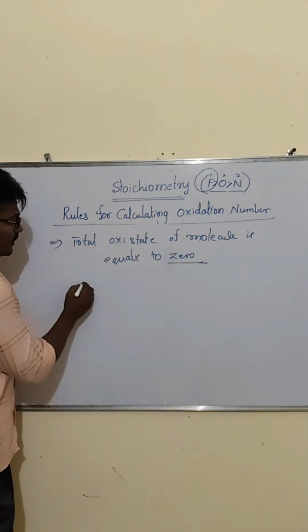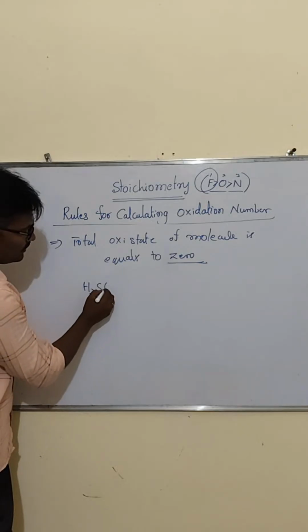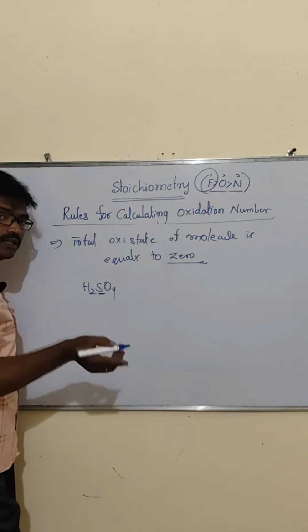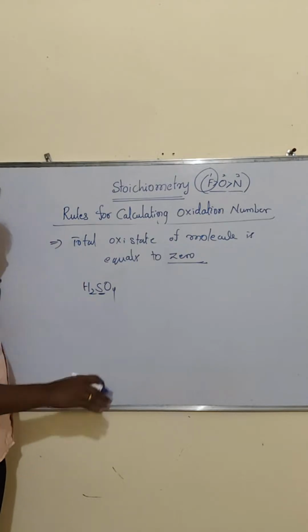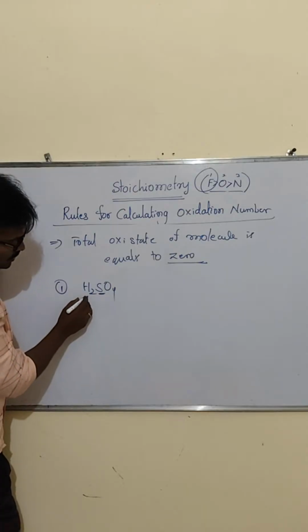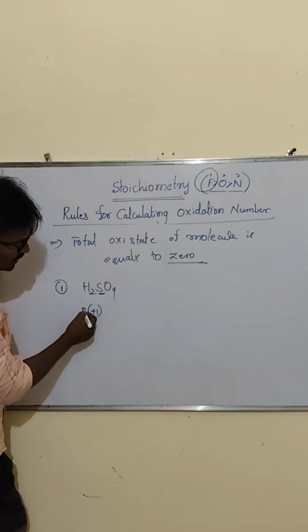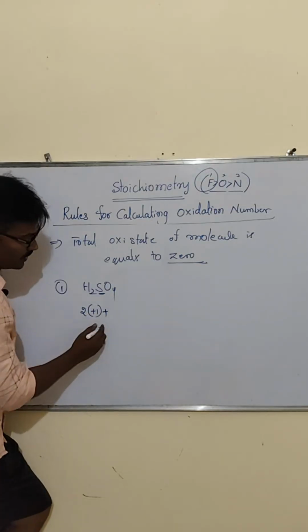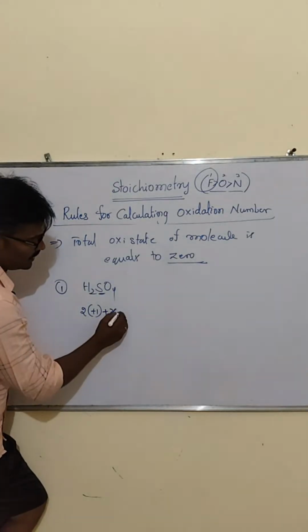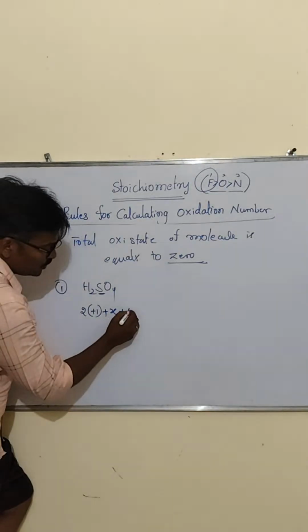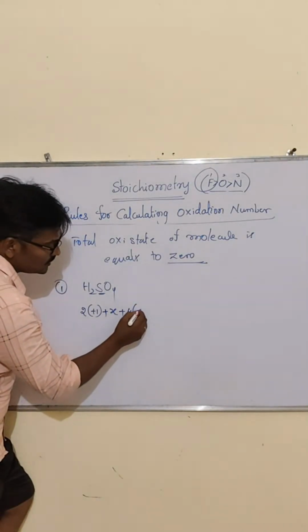So if you want to find out the sulfur oxidation state: I told you earlier the hydrogen oxidation state, so if we find out, there are 2 hydrogens, so 2 into +1 for each hydrogen, plus sulfur oxidation state X, plus oxygen oxidation state, that is 4 into -2.